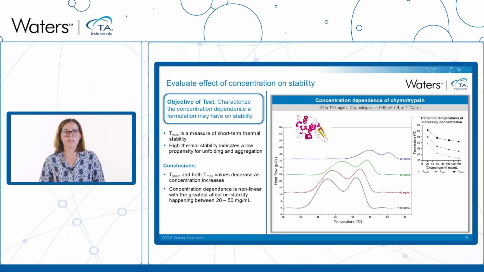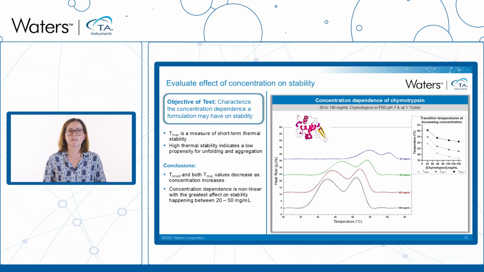This is another example where we are looking at chymotrypsin in PBS buffer and how its stability is affected by concentration. Again, here we see a dependence of the main protein transition Tmax's as a function of concentration.